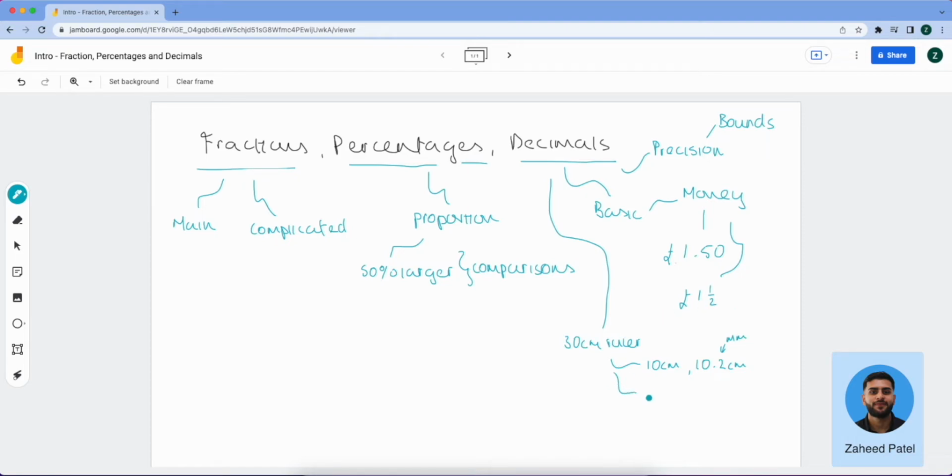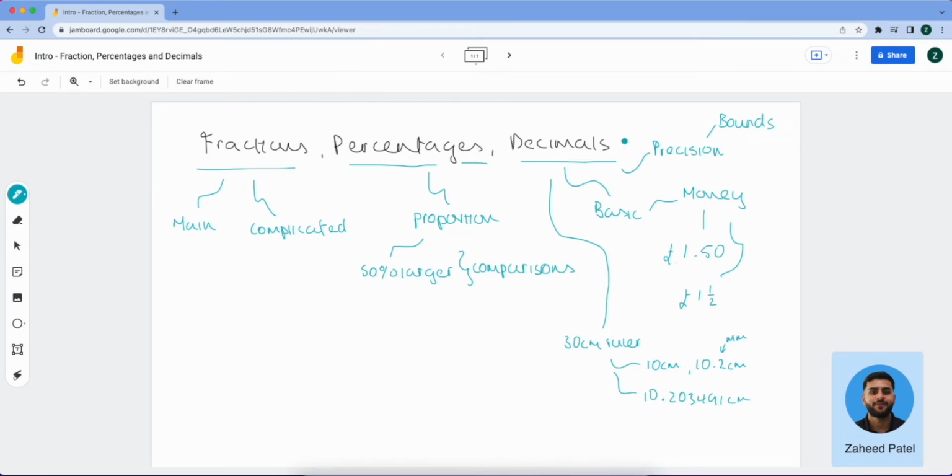But I cannot say that it is 10.2034911 centimeters, because my 30 centimeter ruler does not go to that degree of accuracy, so I can only say 10.2. So decimals also help us to think of a number a bit nicer than a fraction. 1 and a half doesn't quite make sense, but if I say £1.50, then that's completely fine.